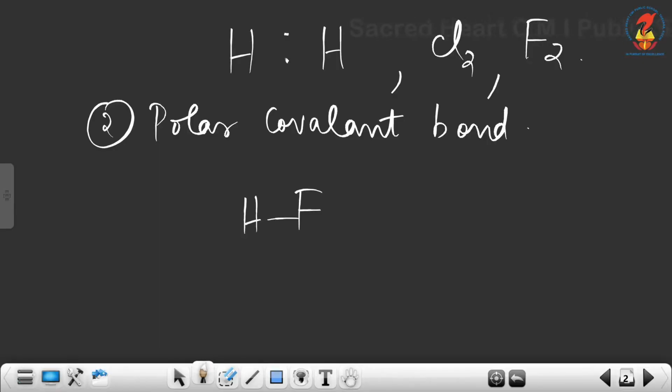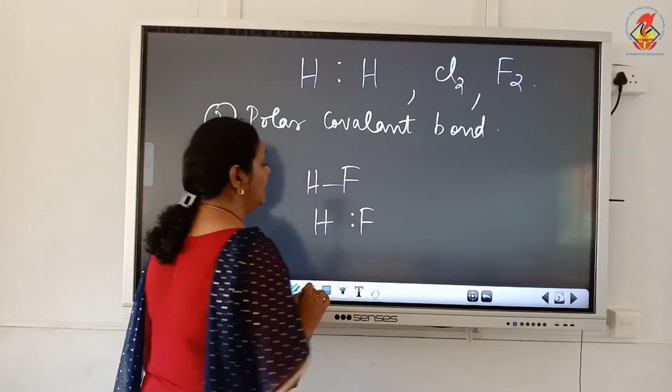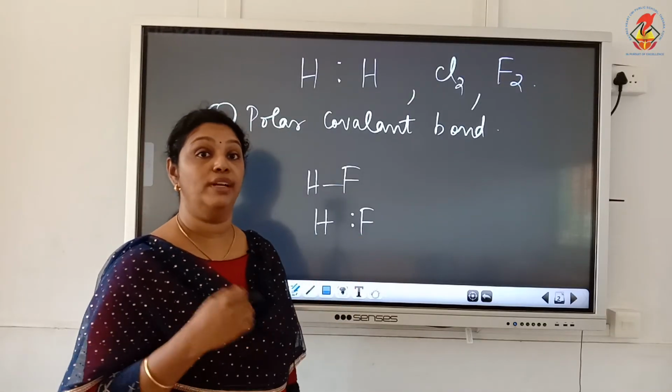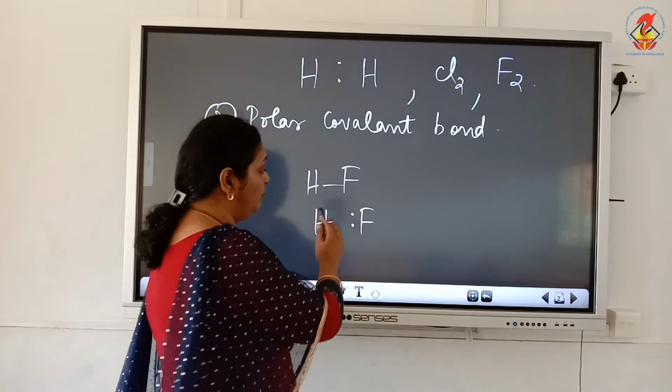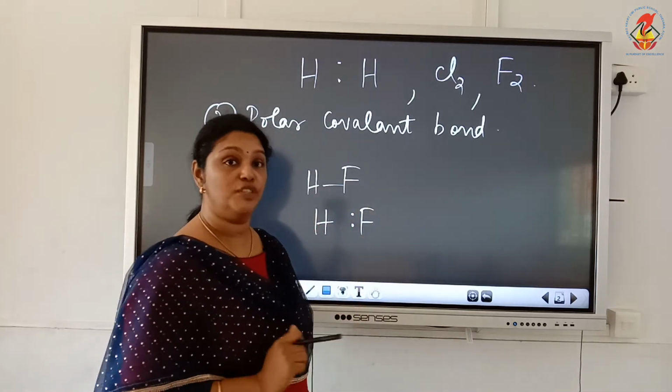For example, hydrogen fluoride, HF. This is the bonded electron pair. This is a polar covalent bond because the bond electrons will be shifted more towards the electronegative atom, and you know fluorine is the most electronegative element in the periodic table. So the bond electrons will be closer to the fluorine atom.